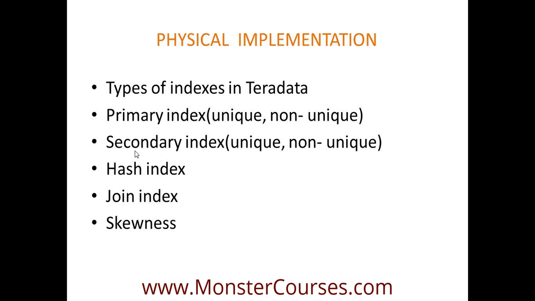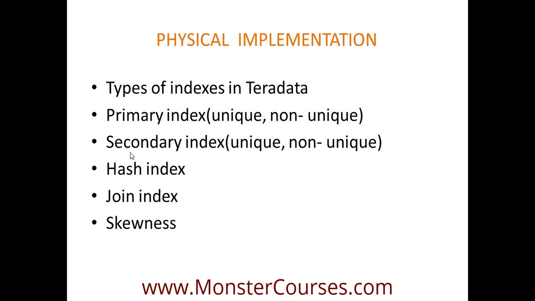Suppose you have selected one column as a primary index, and that column may go for an update every time. That should not be a PI in such cases. So the developer has to understand and identify whether this particular column can be a primary index or not. Those things should be understood by architects and developers.